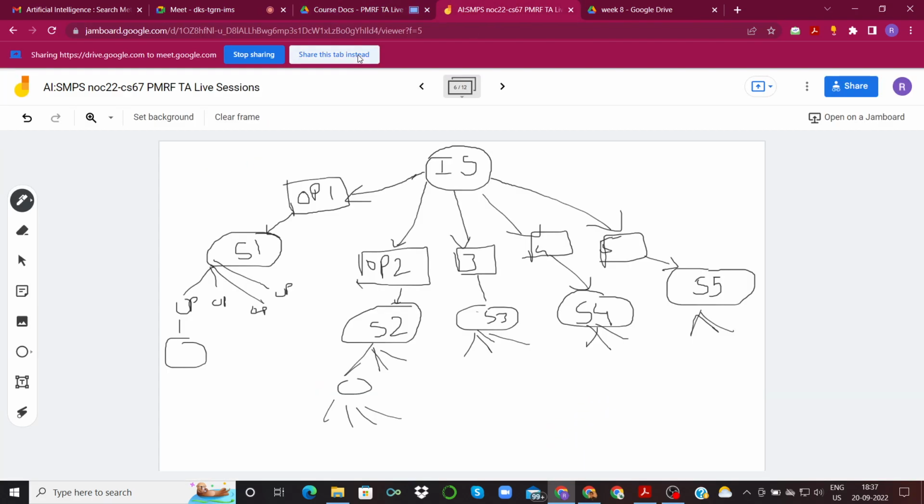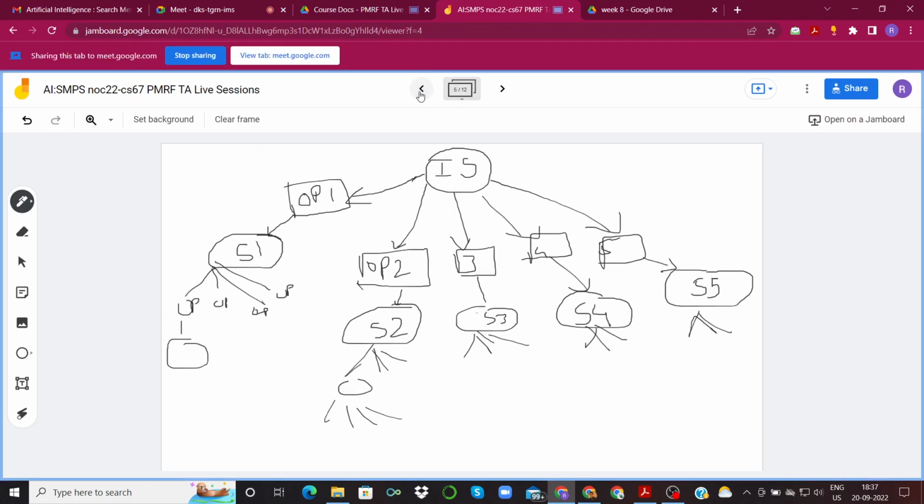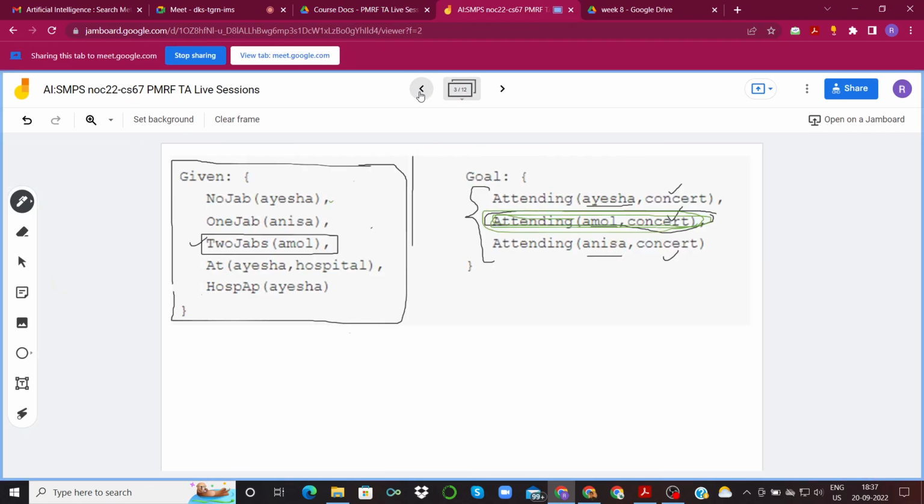While it is true that get appointment will be one of the possible options, let's see what information we have about Anisa in this given state. We are given that Anisa has 1 shot of vaccine, and that is the only information given to us.